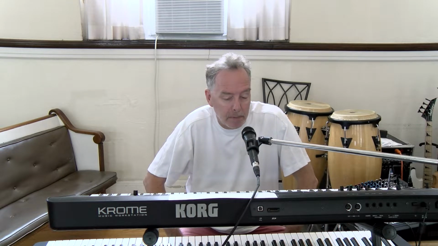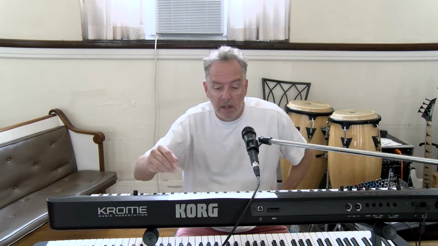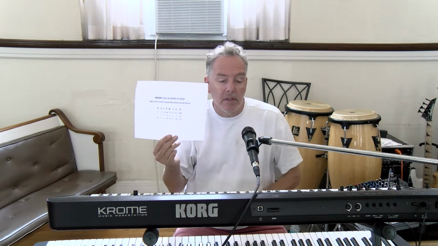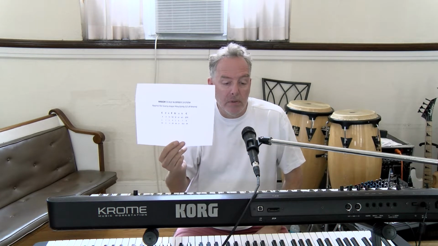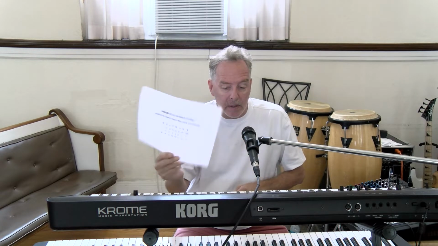There are only 7 numbers, and they apply for all of the 12 keys. I will throw this up during this tutorial so you guys can see what I'm talking about.